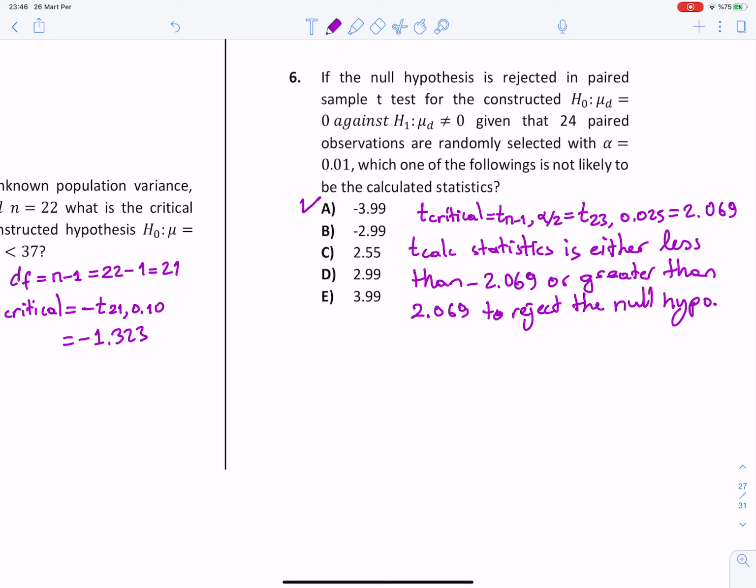It is less than minus 2.069. And this one, option B, is also less than minus 2.069.